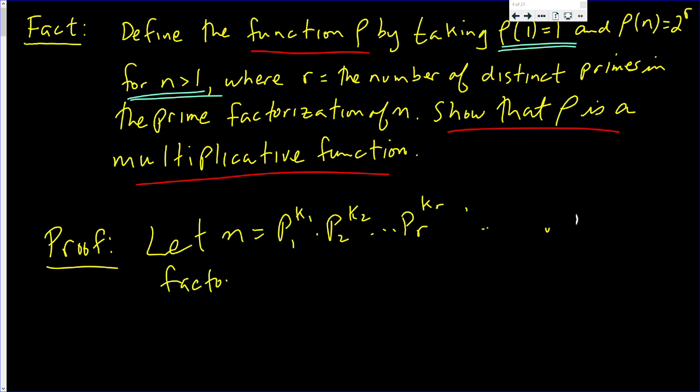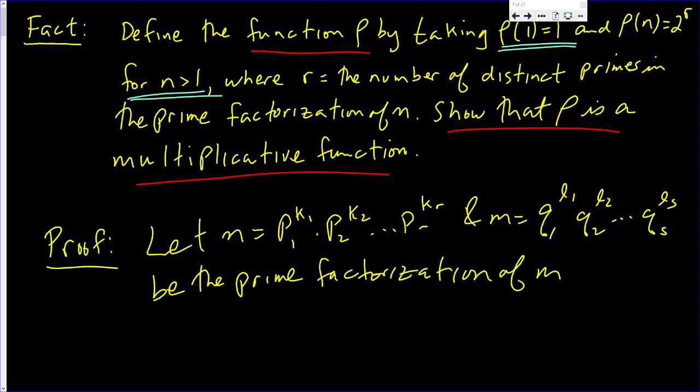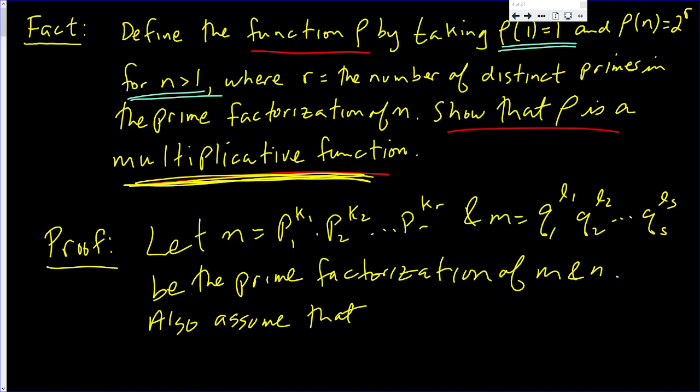And let m equal q sub 1 to the l sub 1 times q sub 2 to the l sub 2, all the way up to q sub s to the l sub s, be the prime factorization of m. Also assume that m and n are relatively prime, because that's a necessary condition to say something is a multiplicative function.